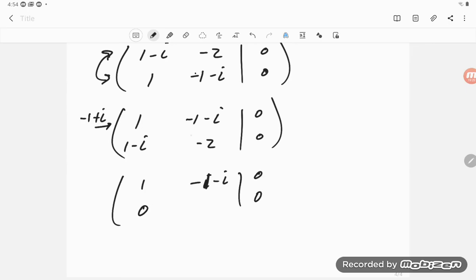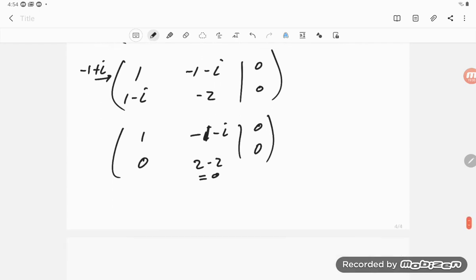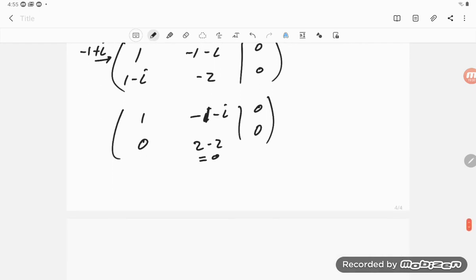I'll get 0 there, and once again, I'll get a 2 minus 2, which is equal to 0. And so I'll write it here. z2 is, again, I'll do the little trick. I'll do a 1 plus i here and a 1 there for those values. So 1 plus i and 1.